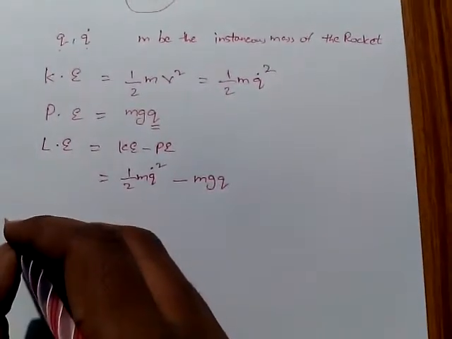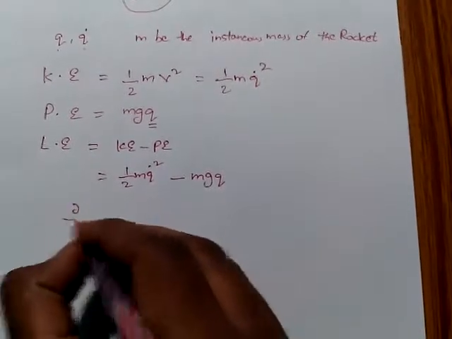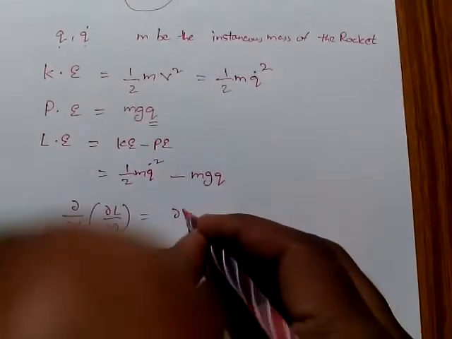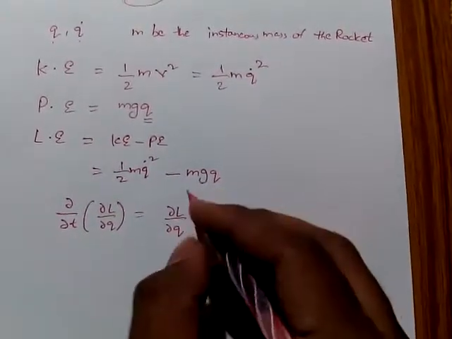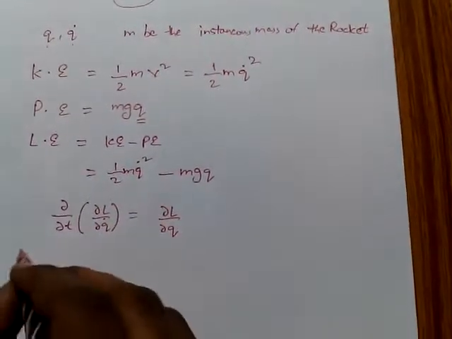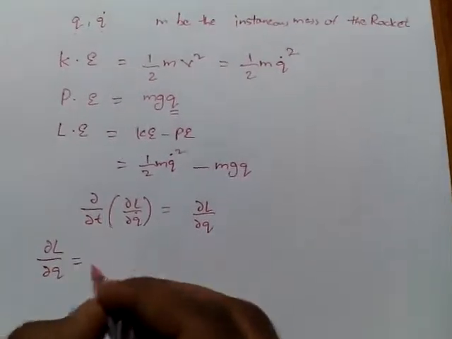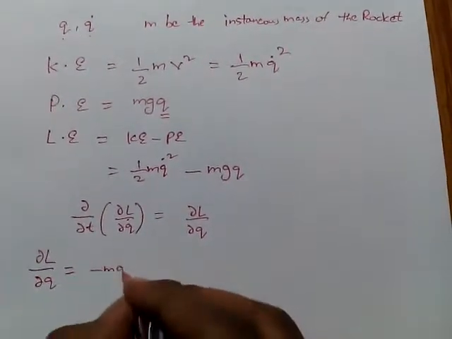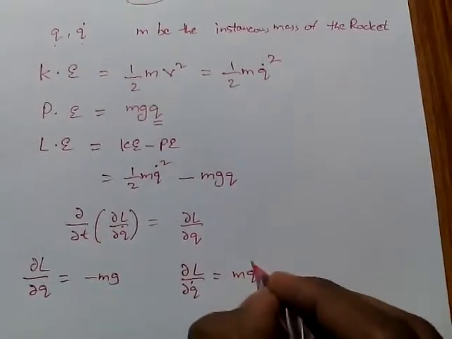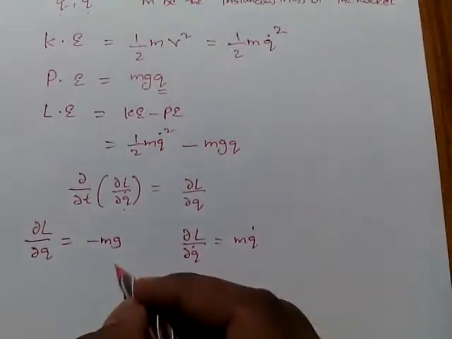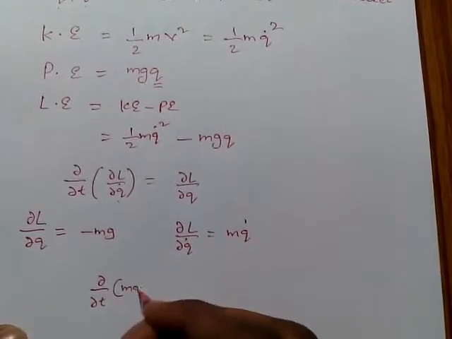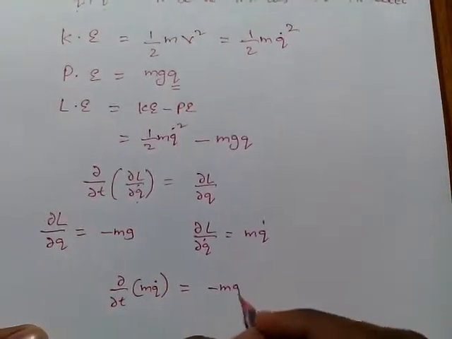We know that by the Lagrangian equation, d by dt of (dou L by dou q dot) is equal to dou L by dou q. Substituting L here, dou L by dou q is equal to minus mg, and dou L by dou q dot is equal to m q dot. Substituting this in the Lagrangian equation, we get d by dt of m q dot is equal to minus mg.